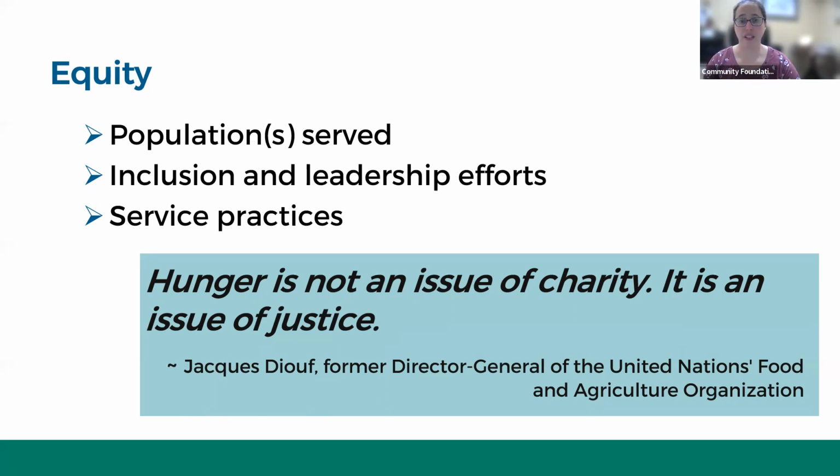Additionally, the other piece of equity is about the service practices that you're implementing, and are you creating access? So this could be providing culturally expansive food choices within your pantry or within your meals. It could be offering translation services within your organization for people who have language barriers.